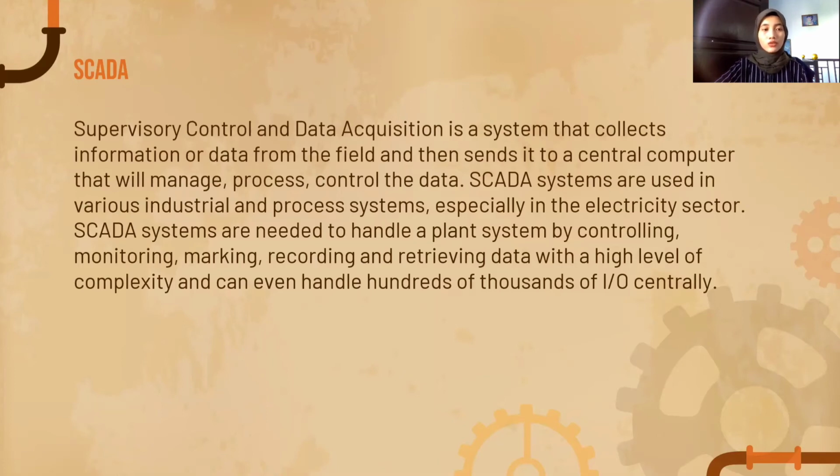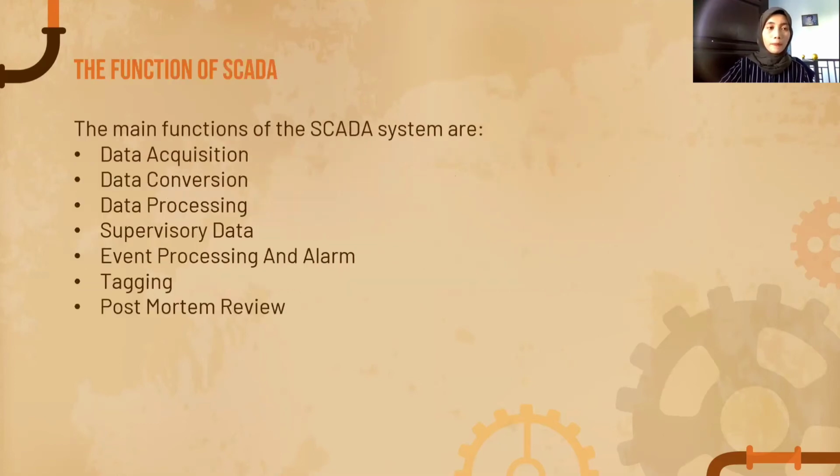SCADA systems are used in various industrial and process systems, especially in the electricity sector. SCADA systems are needed to handle a plant system by controlling, monitoring, marking, recording, and retrieving data with a high level of complexity and can even handle hundreds of thousands of I/O centrally.